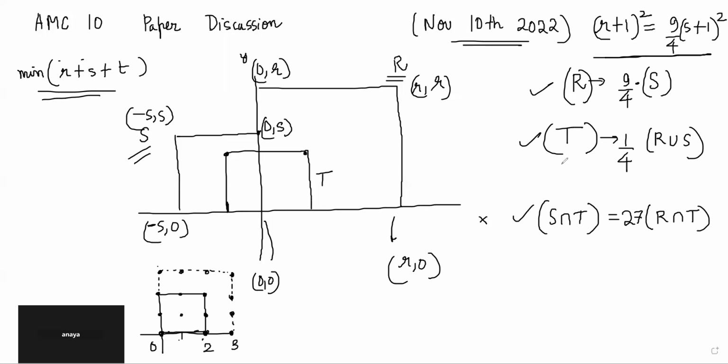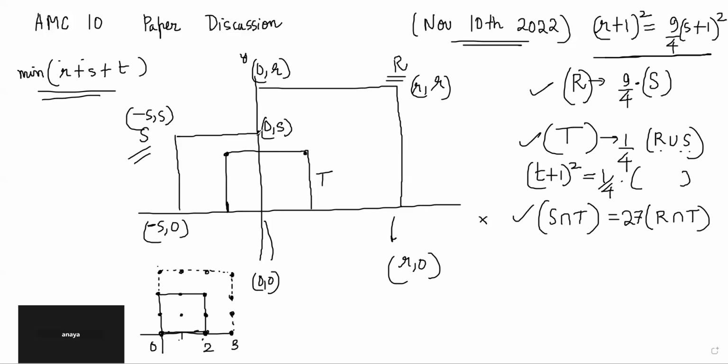Okay. And here we get T plus 1 whole square is 1 by 4 of the number of lattice points in the union of R and S, right? So that's going to be the sum of R plus 1 whole square plus S plus 1 whole square, but we have to subtract the common ones. Do you understand what I'm saying? Yes.